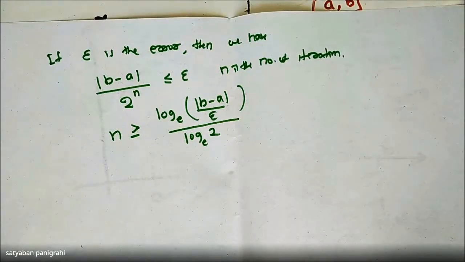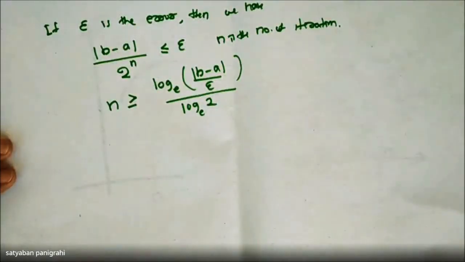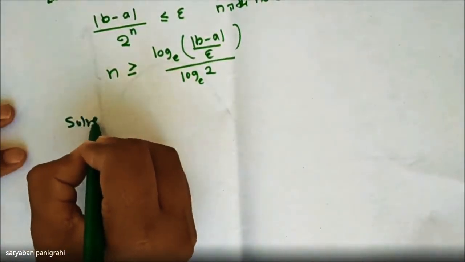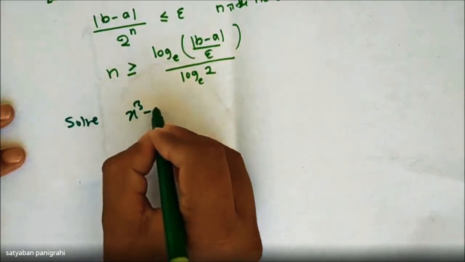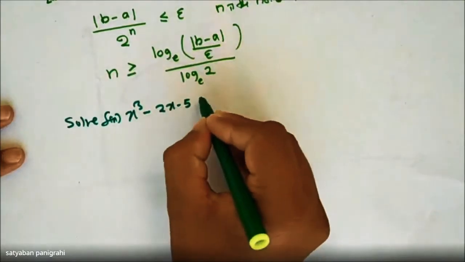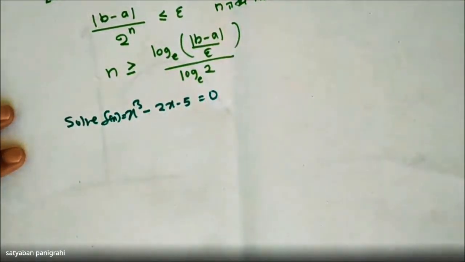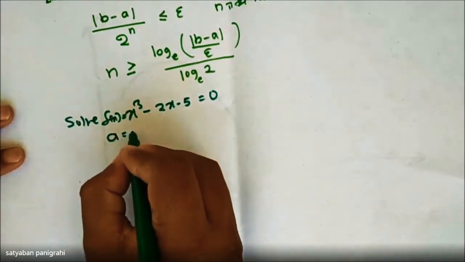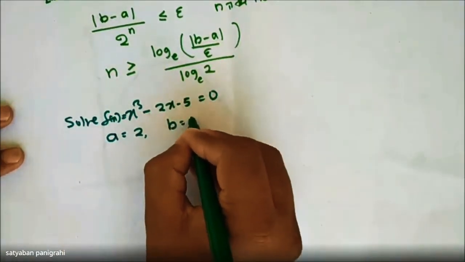My next question is to solve x cube minus 2x minus 5 equal to 0, and take a equal to 2 and b equal to 3.